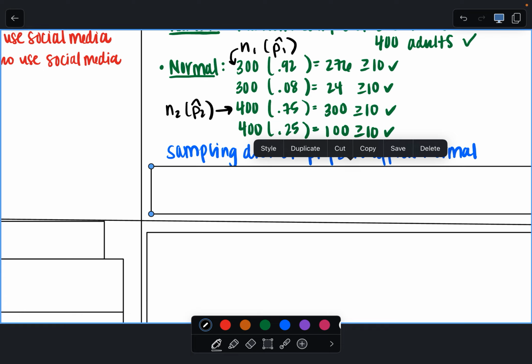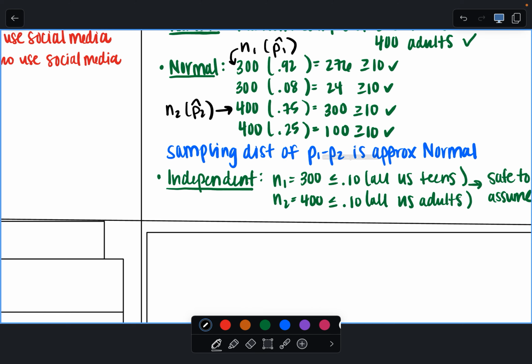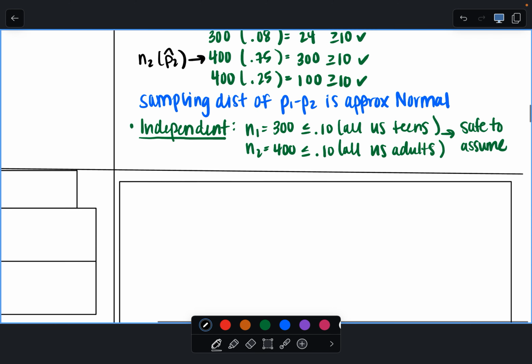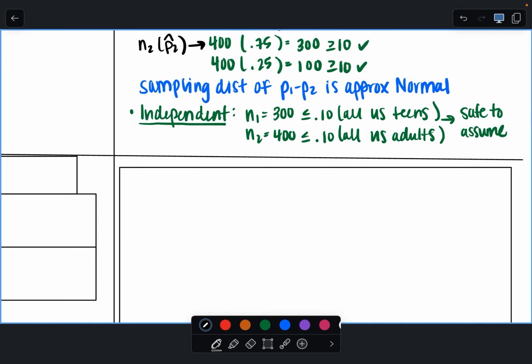Now, the last one is just a 10% condition. You do want to make sure you say something like it's safe to assume that it's true. And this is truthfully the 7th time we've run through these conditions in different settings, and they're still the same. So if anything, you should know how to check random and how to check independent, because those two have not changed.